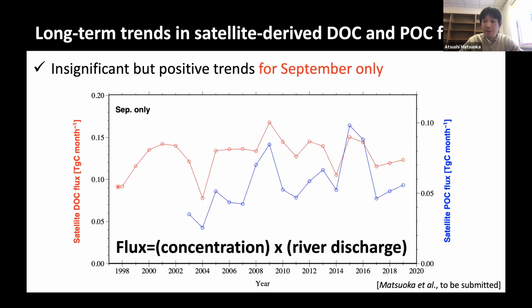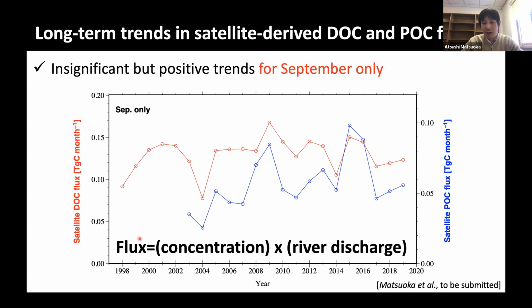However, when we look at the result in September only, when the active layer depth is deepest, we start to see a slight positive trend for both POC and DOC, although these trends are still statistically insignificant.